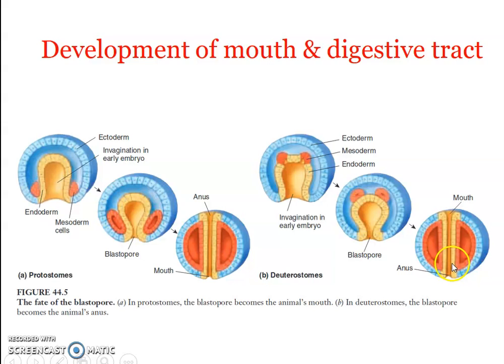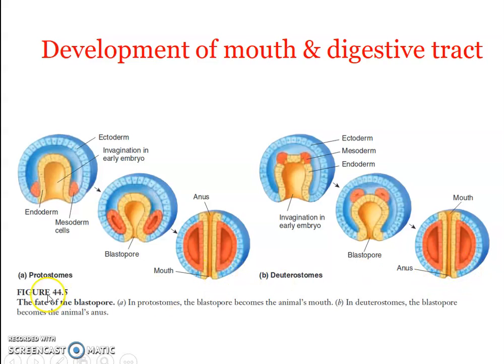So in deuterostomes the anus is formed first from the blastopore, and the mouth appears later from a second opening away from the anus. It is just the opposite of the protostome. In protostomes the blastopore becomes the mouth, and in deuterostomes the blastopore becomes the anus.